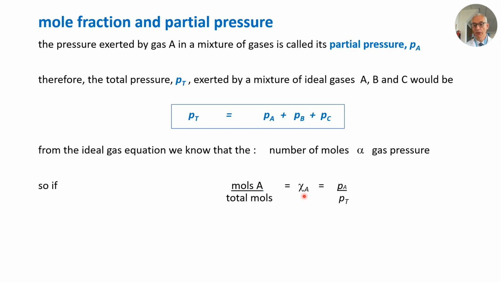So the mole fraction for gas A is equal to the partial pressure of gas A divided by the total pressure.